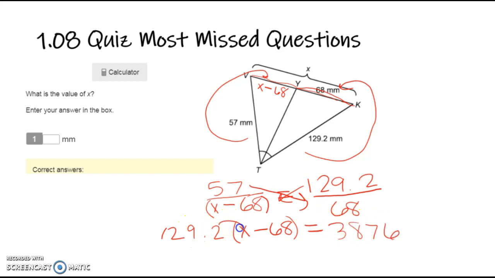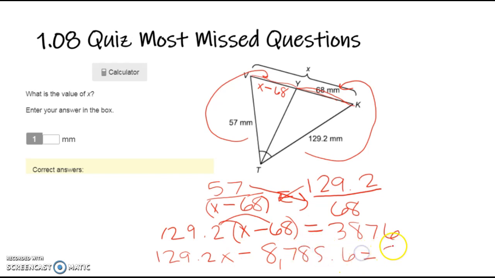We'll distribute. So you have 129.2x. That means when we distribute, we're multiplying to each term in the parentheses. And then we'll have negative 68 times 129.2. Make sure you keep that negative sign with it. So it's going to be negative or minus 8,785.6.